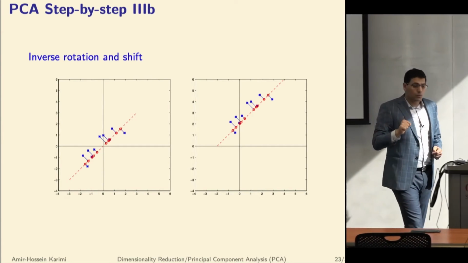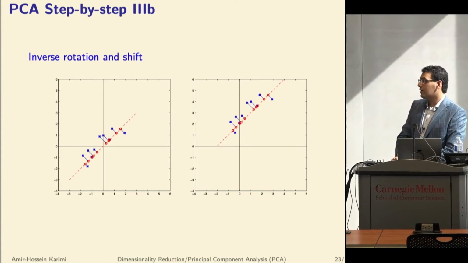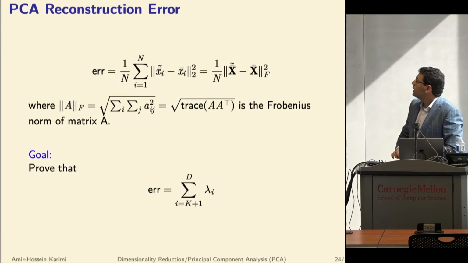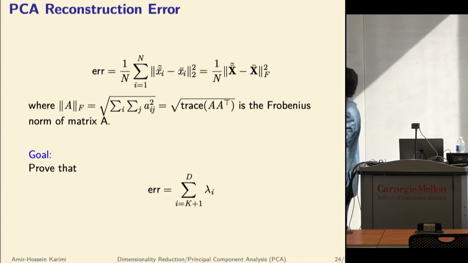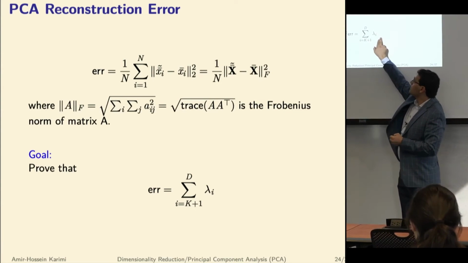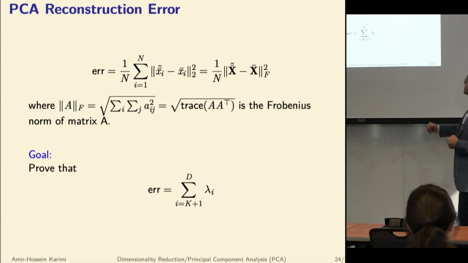Okay. Now, one question you may ask is, how much data is retained and how much error exists in this projection? And it turns out that there's a nice relationship between the reconstruction error and the lambda_i's, where the lambda_i's are the eigenvalues that we got from the eigendecomposition.